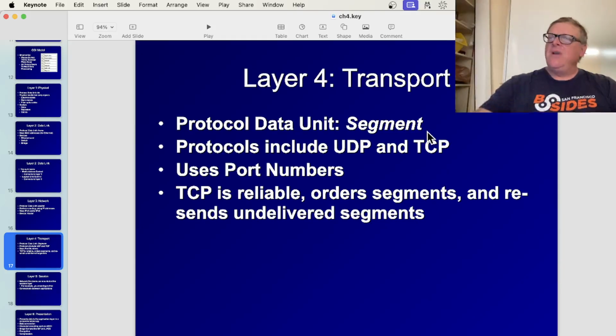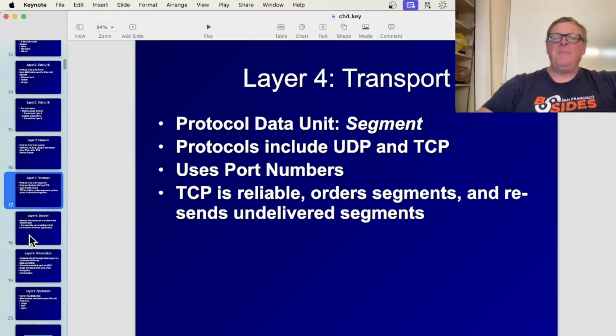It marks each segment with a number so it can reassemble them in order. So you can send something like an image that might be 100 segments, and it will rearrange them in the right order. It will also notice if it didn't get one and require a retransmission. That's why it's reliable. TCP will detect if data is missing and request a retransmission. So if it gets all the retransmissions, it will in fact have the complete data at the other end.